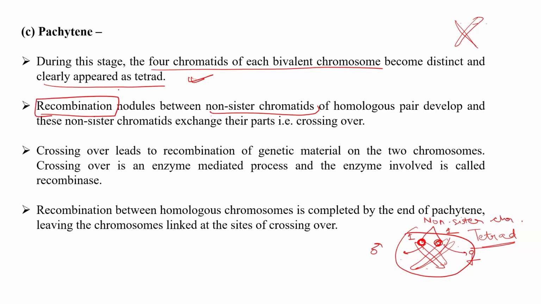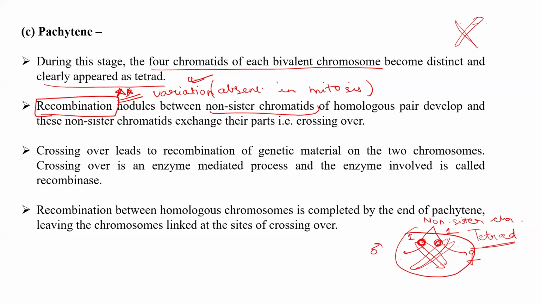This recombination is important because the exchange of genetic material at this stage leads to variation, which is absent in mitosis. The recombination nodule is very important in this concept because meiosis, as I first mentioned, is a reductional division.